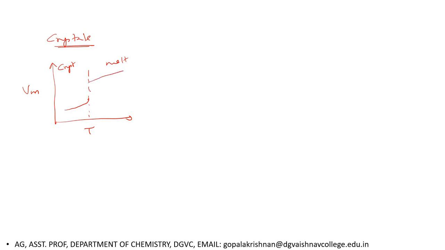What does this indicate? There is a discontinuity in the graph. It indicates a first order phase transition. If you melt crystals, solid becomes liquid. So this temperature is called the melting temperature. It is a first order transition. So melting temperature is a first order transition.